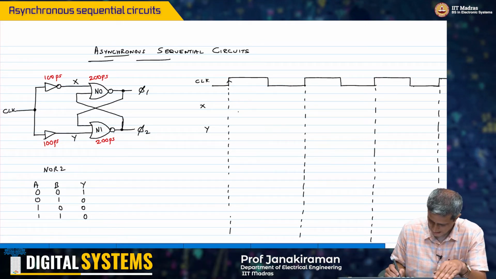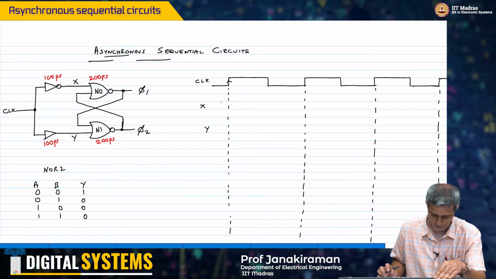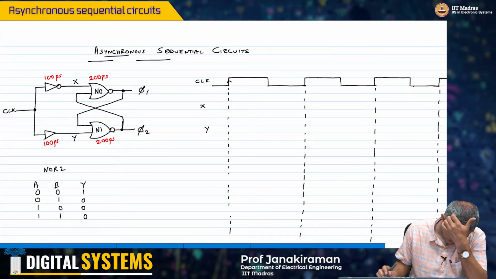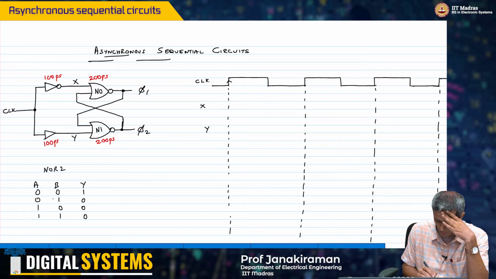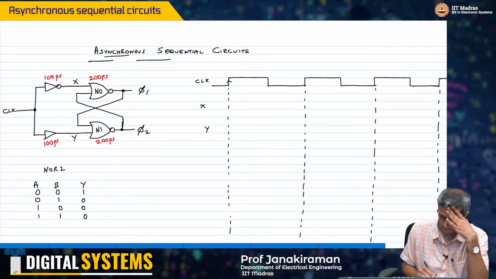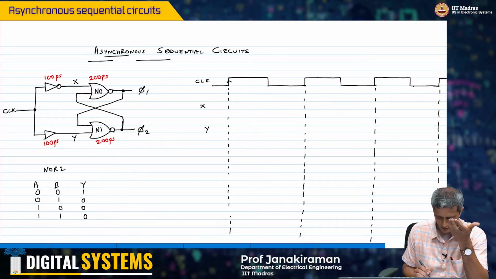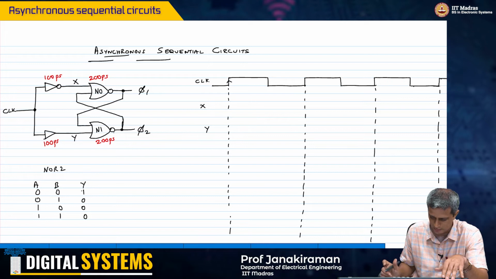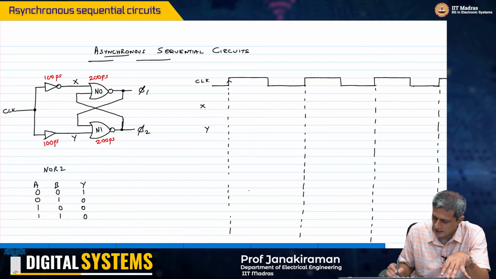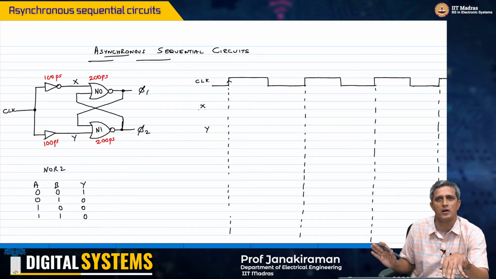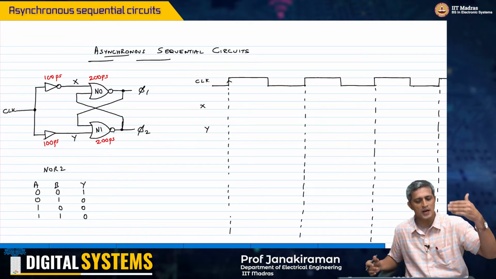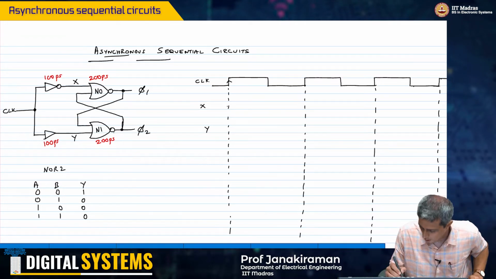And now what you observe here is, first of all, if any one of the inputs to the NOR gate happens to be high, then obviously the output will be a 0. So let's also keep that in mind. But before that, we can easily generate x and y independent of the NOR gates, because x is just an inverted version of the clock, right?